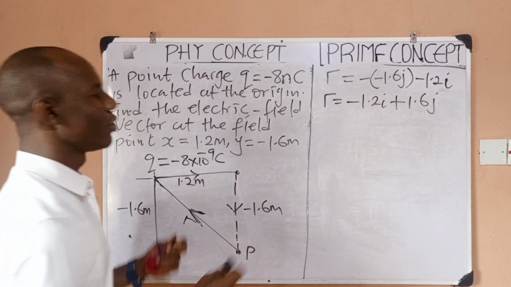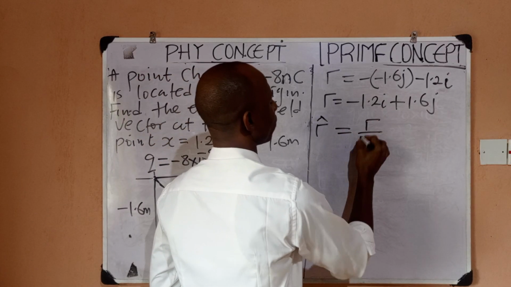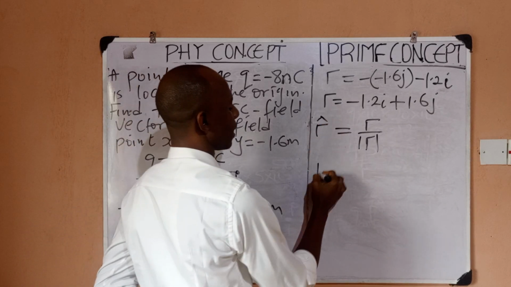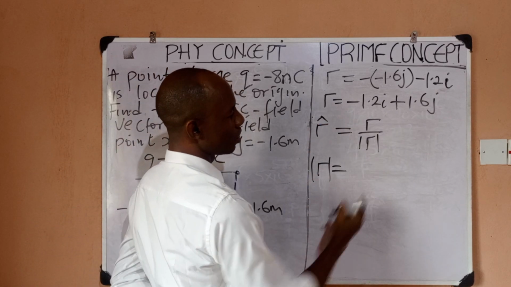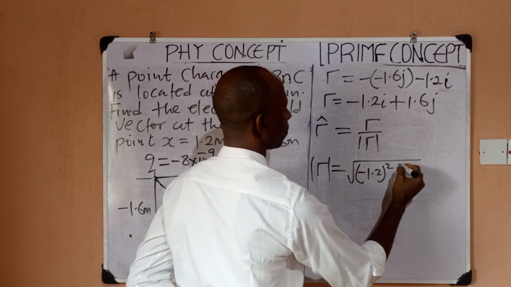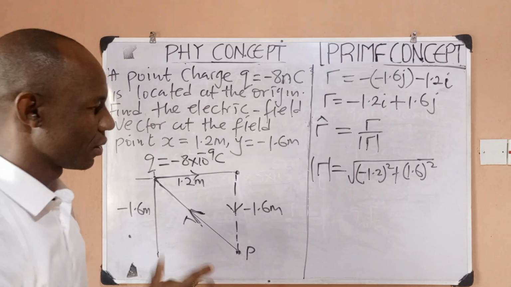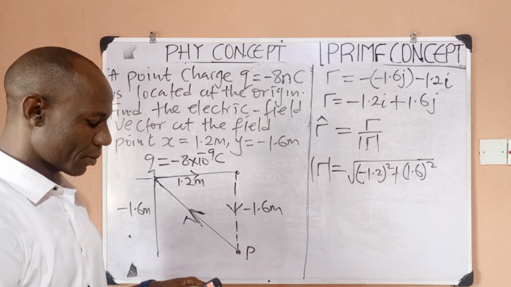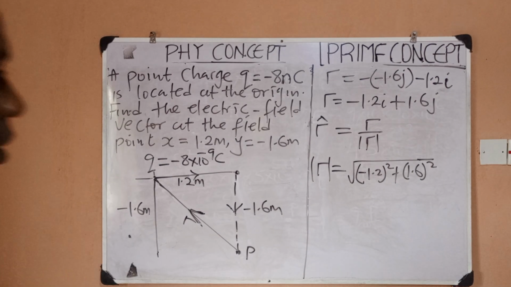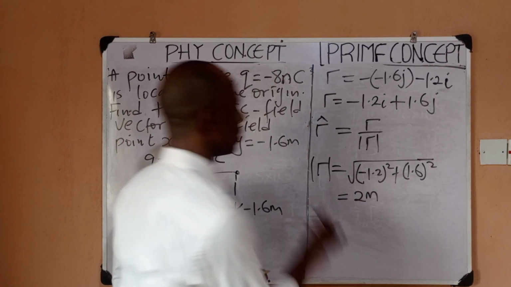Then let's get the unit vector. Our unit vector is given as R over the magnitude of R. Now I'm going to find the magnitude of R. The magnitude of R is simply the square root of minus 1.2 squared plus 1.6 squared. If you punch this, you get 2 meters. So that is the magnitude.